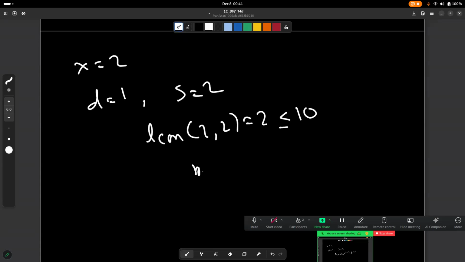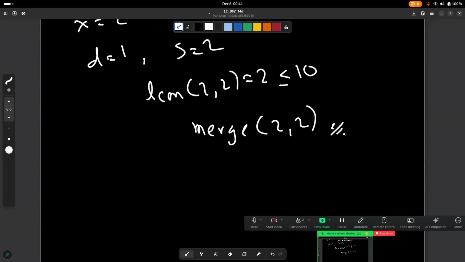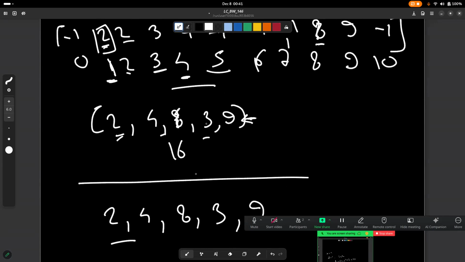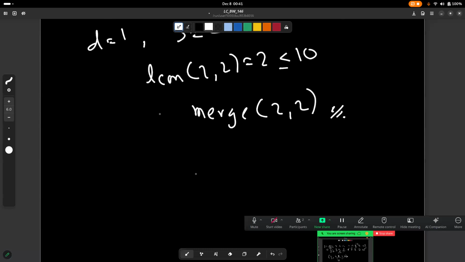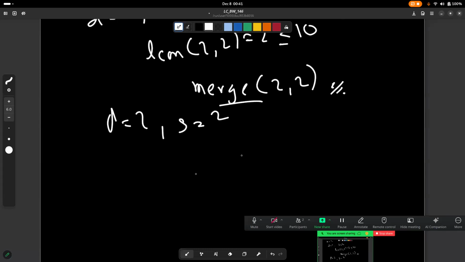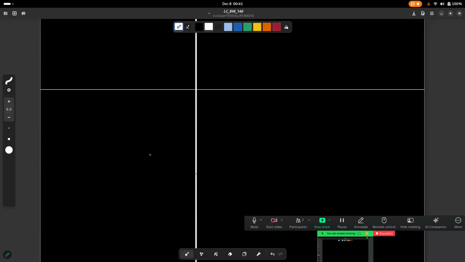So you merge 2 and 2, but that may not make sense, but we have handled it in code. If both the elements are same, then we just proceed. Same for d equal to 2. Even for d equal to 2, you have s equal to 2, and the same thing will occur once again. Then you go to x equal to 4.